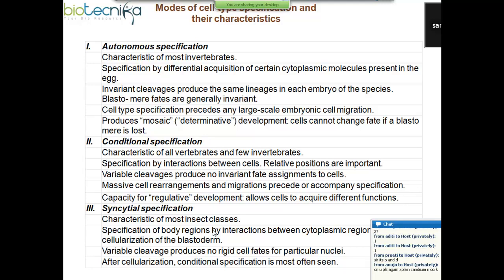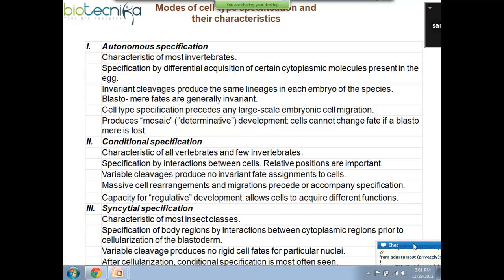So in the autonomous mode, on its own, whether another cell is induced or not, it will start doing it. But in the conditional mode, if only A is present, then only B will come out. So these are your different types of specification.